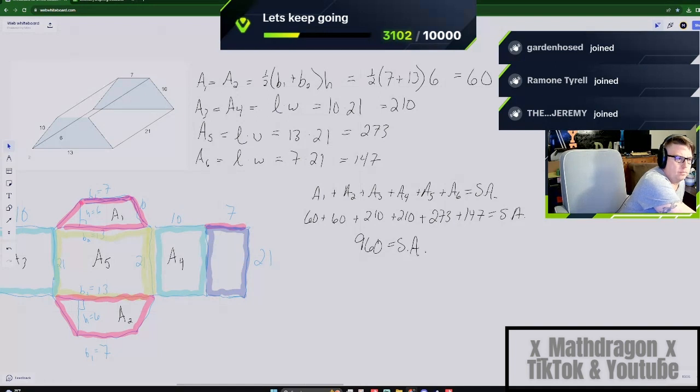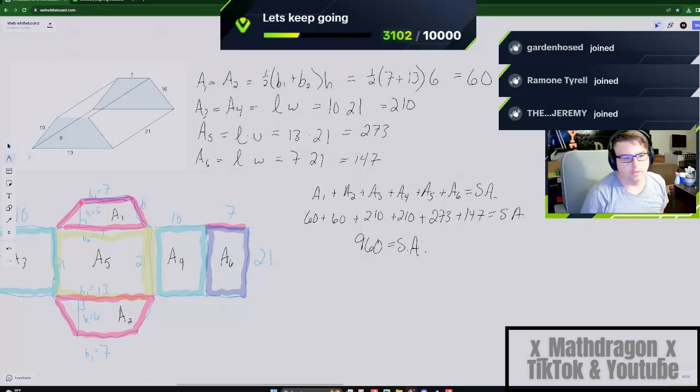So there we go. We draw our net figure, we find the areas for each individual spot, and then add them all together to get the surface area.